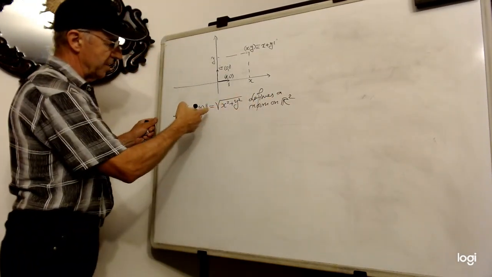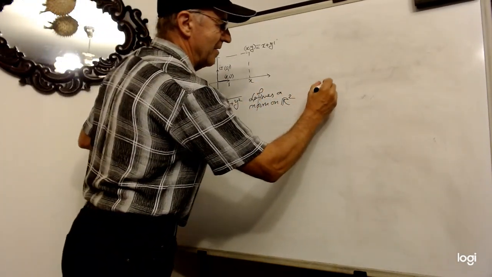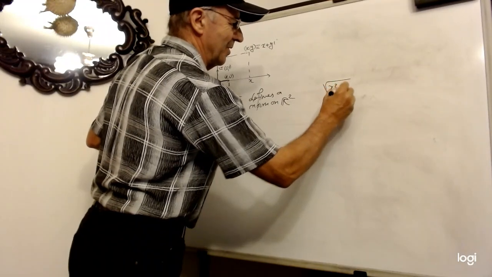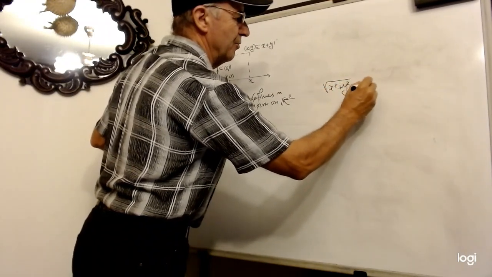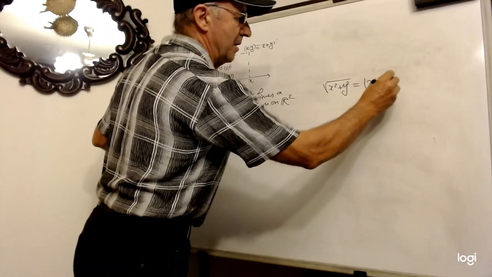But you can remark that exactly this square root of x squared plus y squared is the modulus of x plus y i.